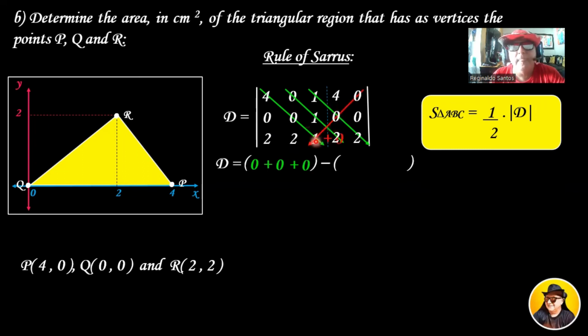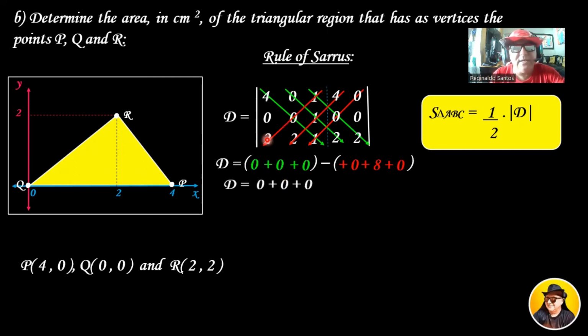And the other one, 0 times 0 is 0, times 1 is also 0. You can see? All right. And now, 4 times 1 is 4, times 2 is 8. And plus times plus times plus is plus. So here we have plus 8. And here, 1 times 0 is 0, times 2 is 0, so we have plus 0. Now, let's operate.